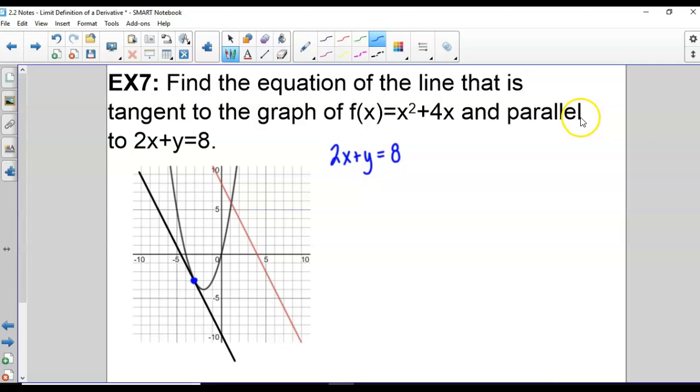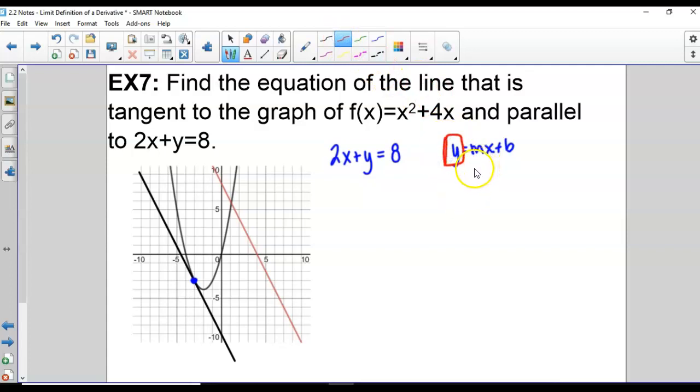Any ideas, Lily? What do you think? What's normally when we graph a line, what form do we use? Y equals mx plus b, right? And so it is solved for y.